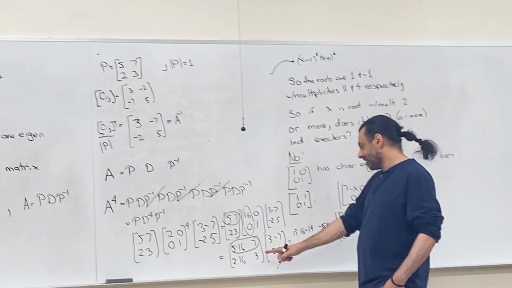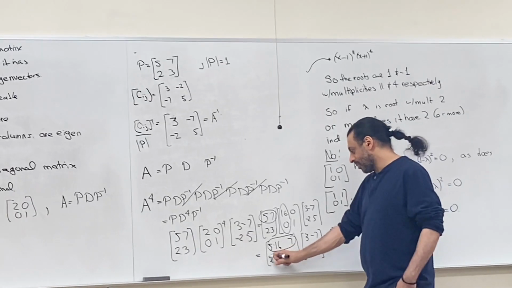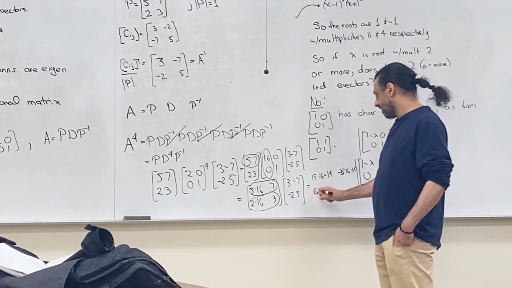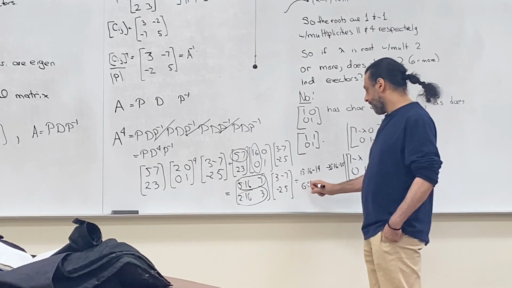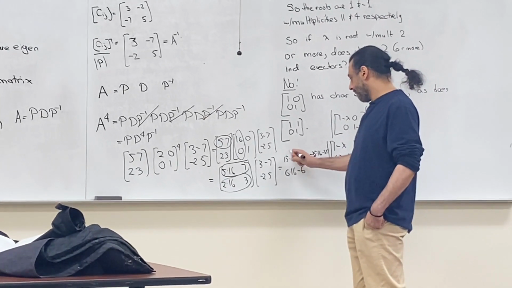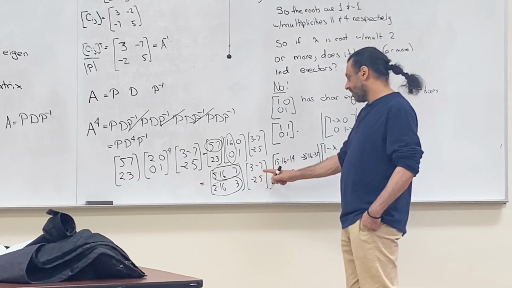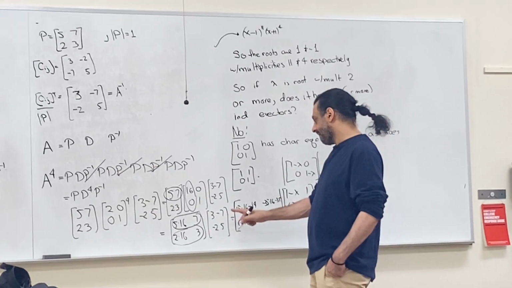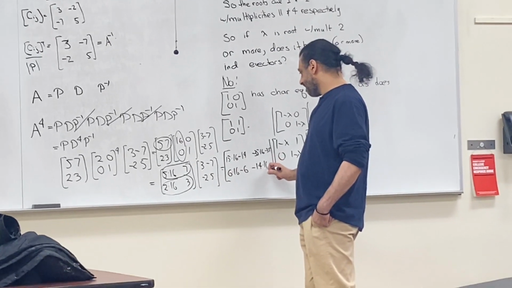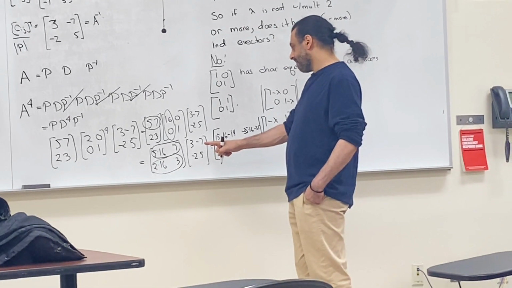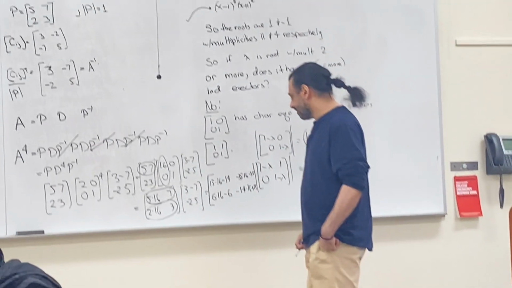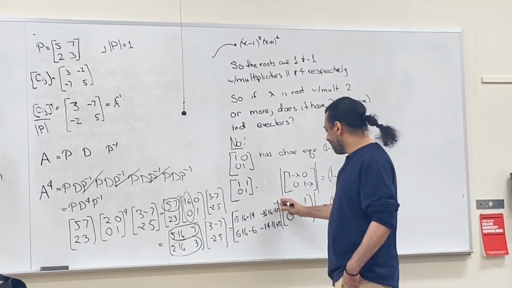This is, for the second one, what do we get? 6 times 16 minus 6. And the last is minus 14 times 16 plus 15. Good?